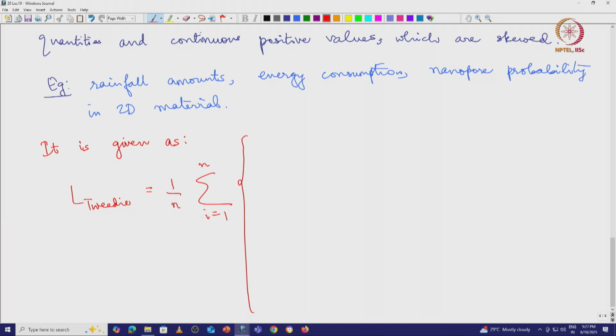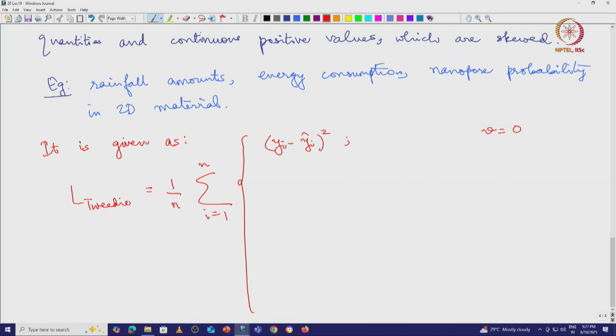So, the Tweedie loss function is (yi minus yi hat) squared if that parameter v is equal to 0, okay. And this of course is just the mean squared error loss function, right. In other cases it is slightly different, right. For example, for v equals 1 you get what is called the Poisson deviance, and for v equals 2 you get what is called the gamma deviance.